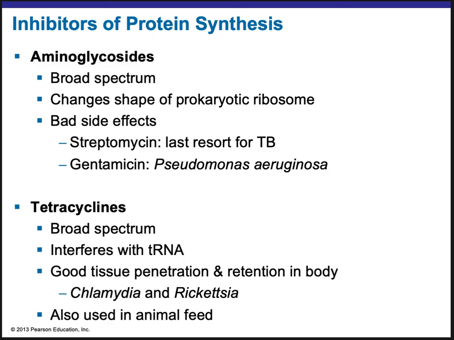But so it sounds like this wonder drug, right? It's broad spectrum, it interferes with protein synthesis, it's really good at penetrating body tissues, at getting these difficult infections. But because it's broad spectrum, and this is true of any broad spectrum drug, it is much more likely to kill off part of your flora, your normal flora, and make you susceptible to opportunistic infections, so the overgrowth of the flora that are not killed.